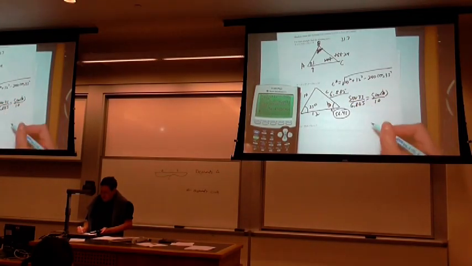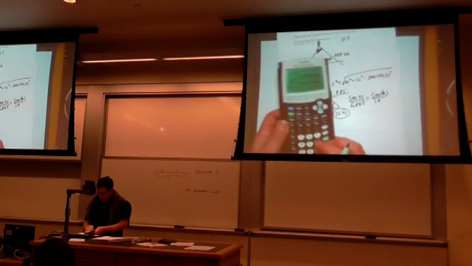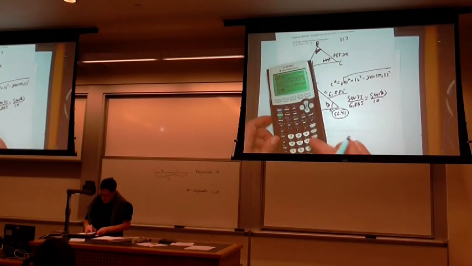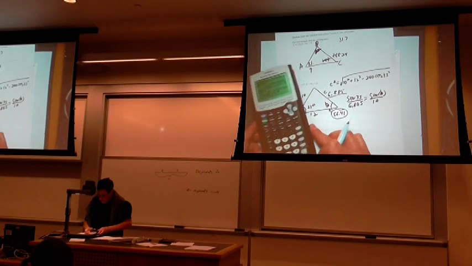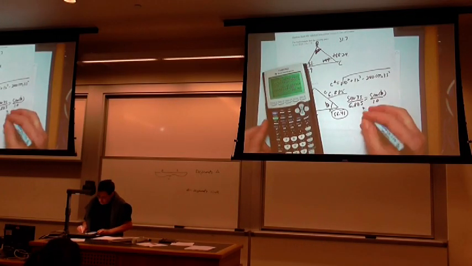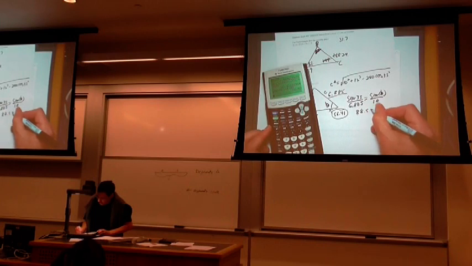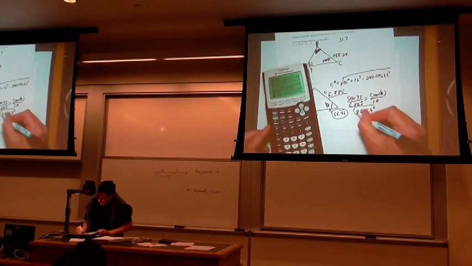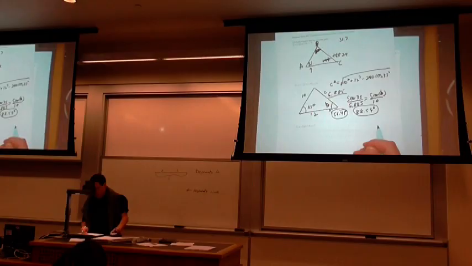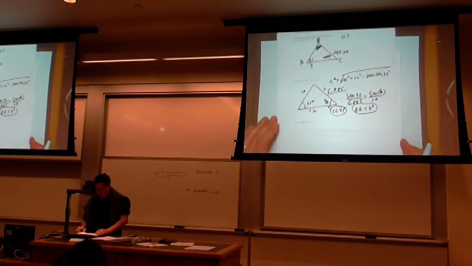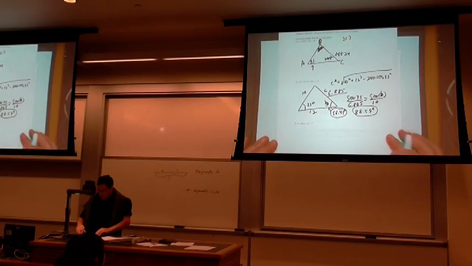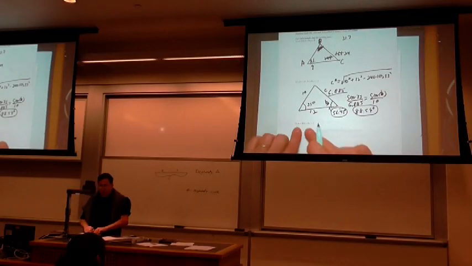And then my final angle I can find the usual way, which is 180 minus 56.41 minus 35, or 88.59 degrees. Okay, you see? It's even possible. All right, does anyone have a question about number 3?